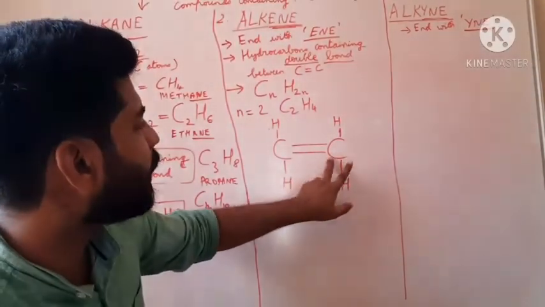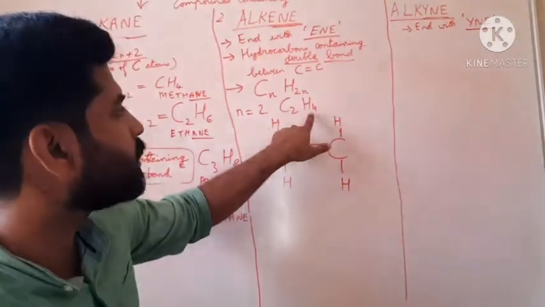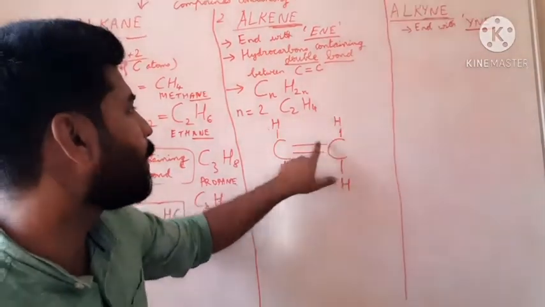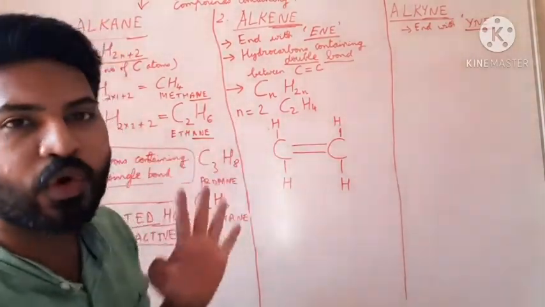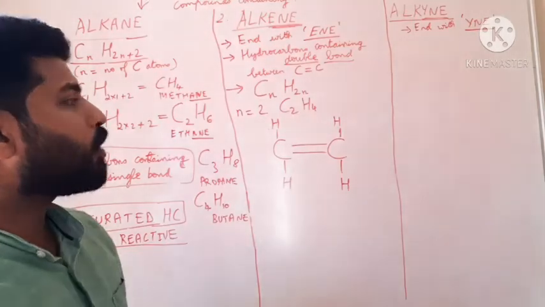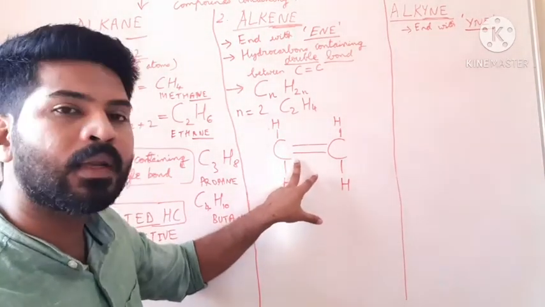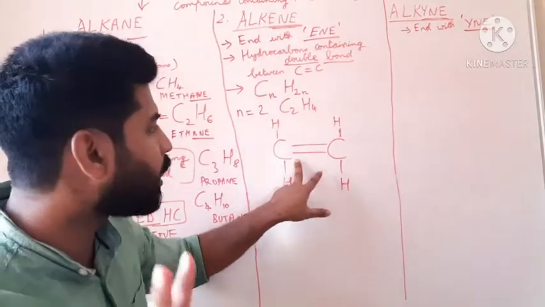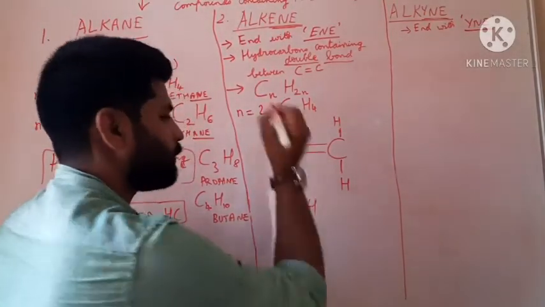There are 2 carbon atoms, done. There are 4 hydrogen atoms, done. There is a double bond, done, and the valency of carbon is 4. So what would be the name of this structure? Any hydrocarbon containing 2 carbons begins with eth, as you know.